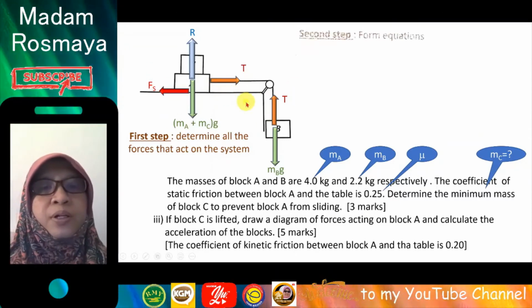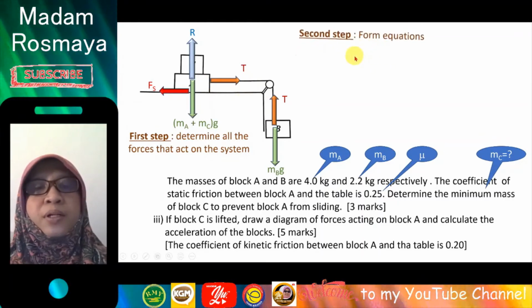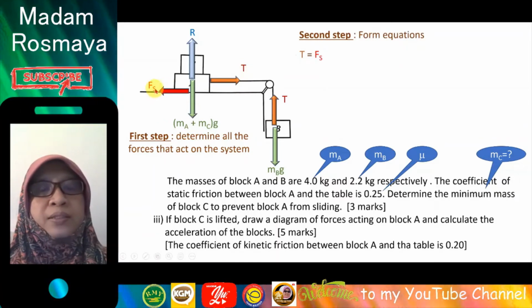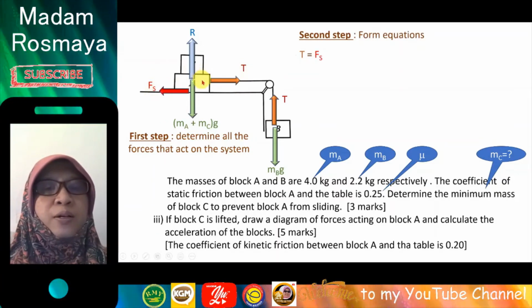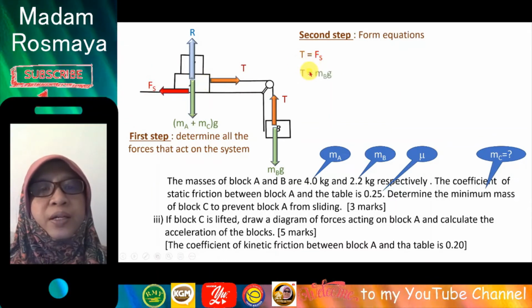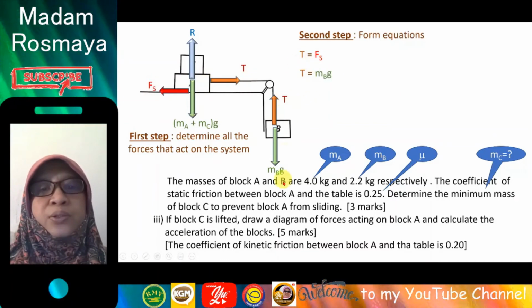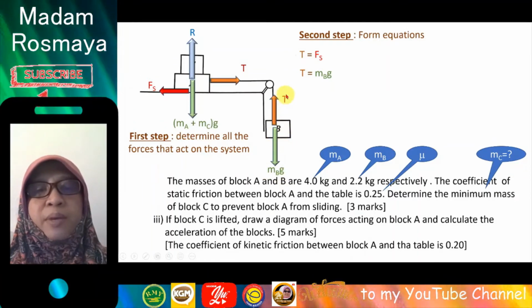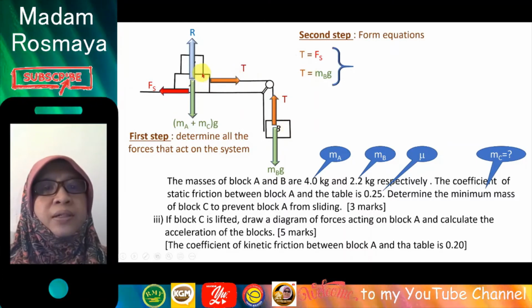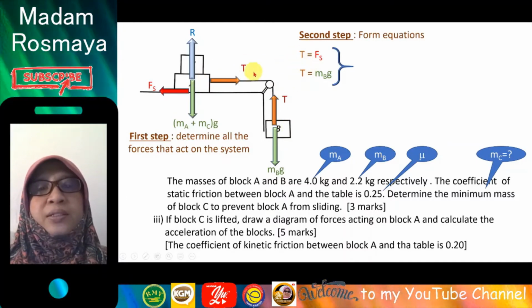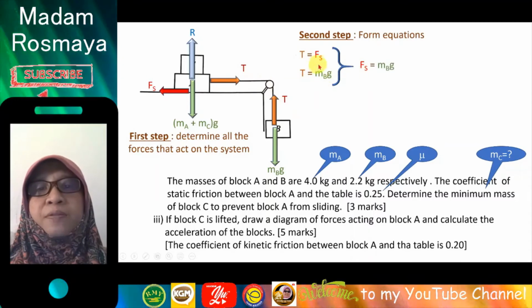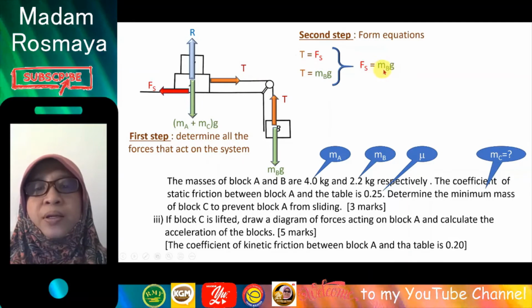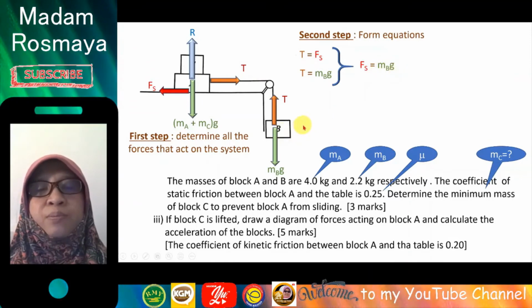Therefore, the second step, we form equations. The tension equals Fs, static friction, because the object is not moving, so they are equal. Also the tension equals MBg, since the block is not moving. Since T is the same, Fs equals MBg, the weight of block B.